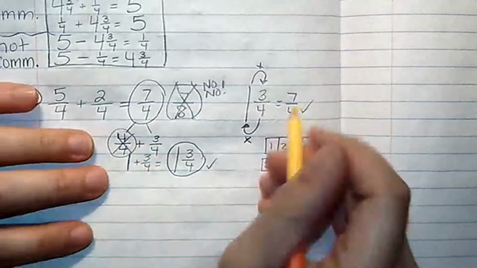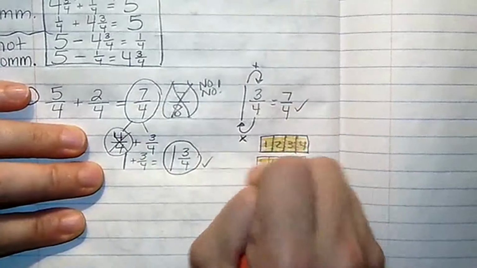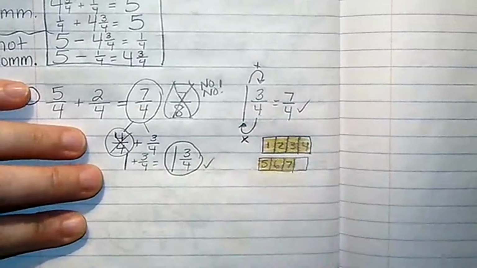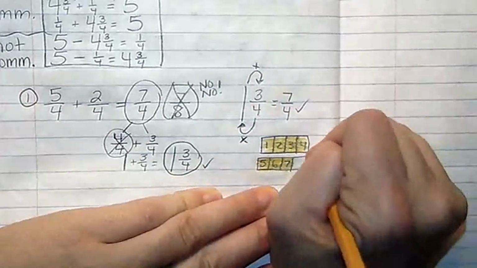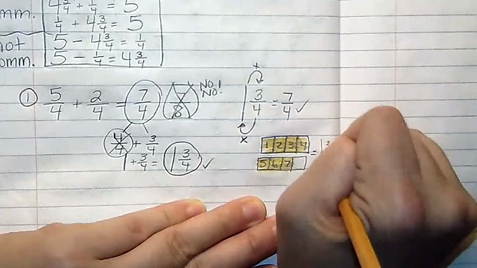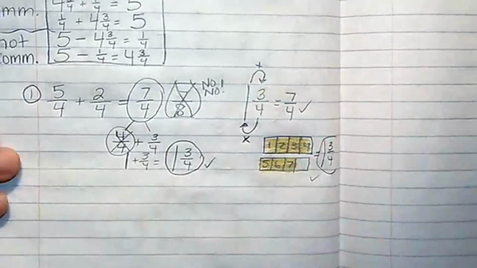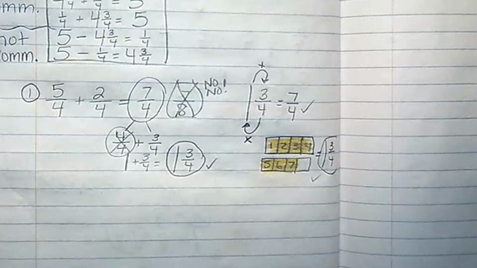So I'm going to color these guys in. 1, 2, 3, 4, 5, 6, 7. Well, if I look at my chocolate bars, that looks to me like I have one full chocolate bar and 3/4 of another one. And I have triple checked. And we're right. So we're getting better at that.